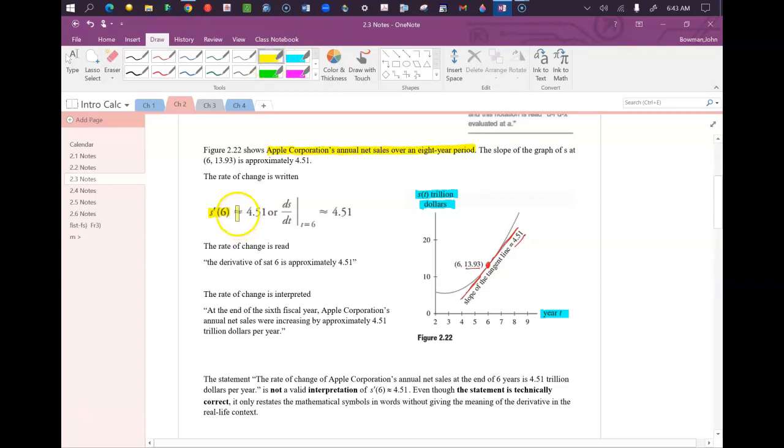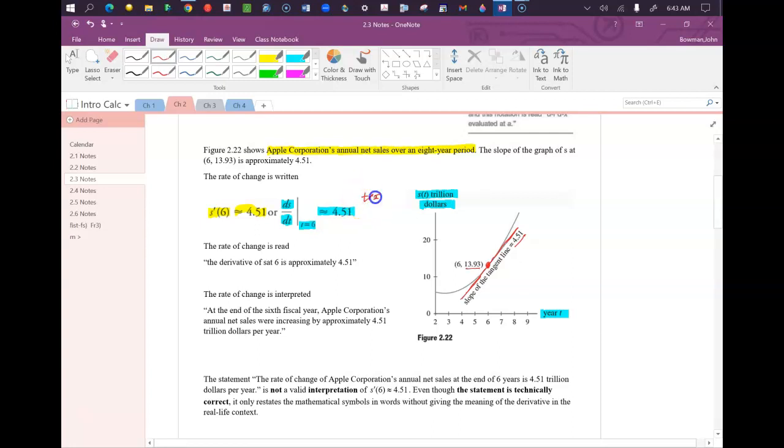S prime of 6 is approximately 4.51, or another way of saying that is the derivative of s with respect to time at t equals 6 is approximately 4.51, and there should be some units on that.